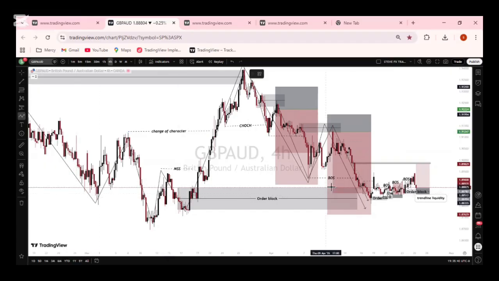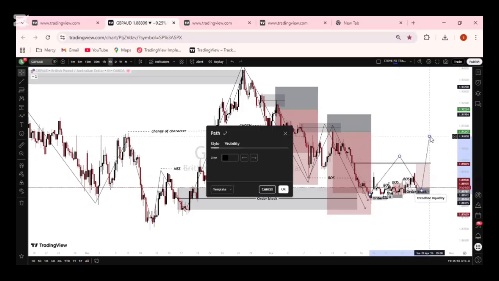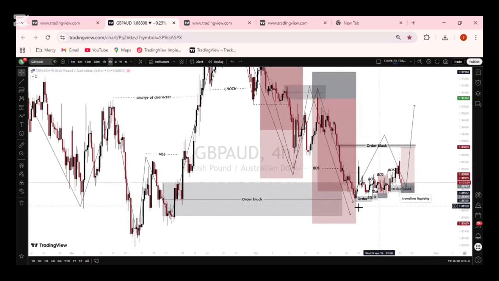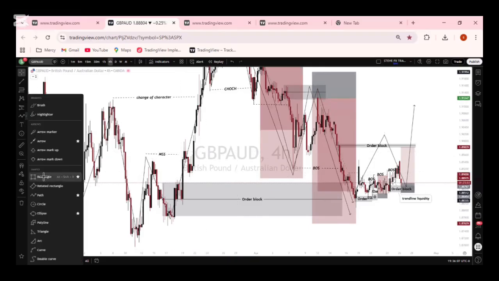So we need a further confirmation of market that our bullish bias is going to work. All right, as you can see, when market gets to this particular point, we are having an accumulation.